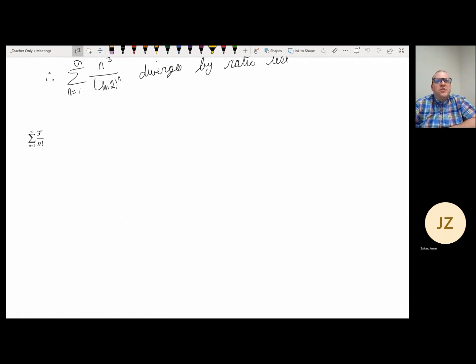3 to the n over n factorial. The ratio is 3 over n plus 1. That's what's going to wind up happening, yeah.